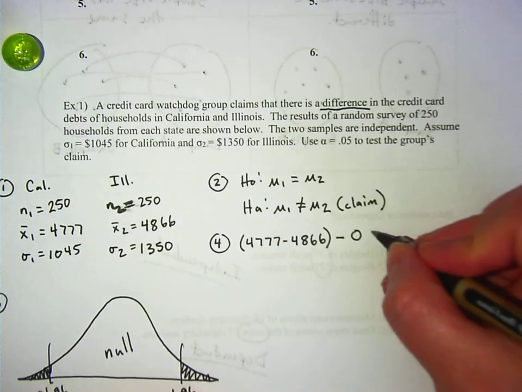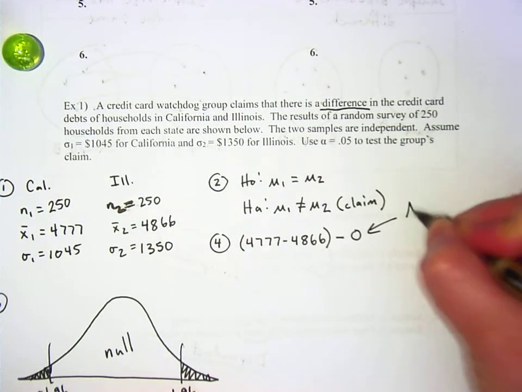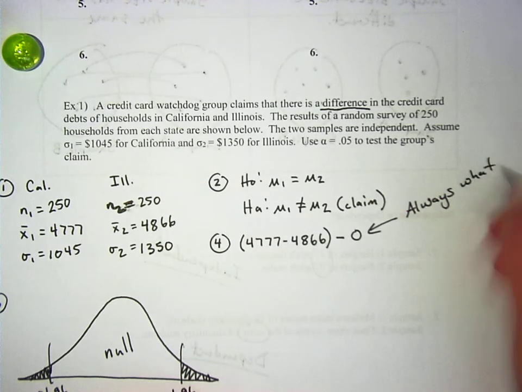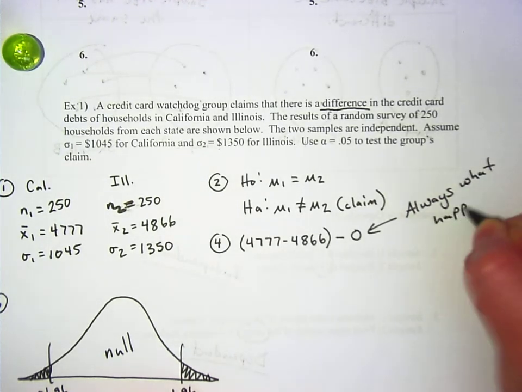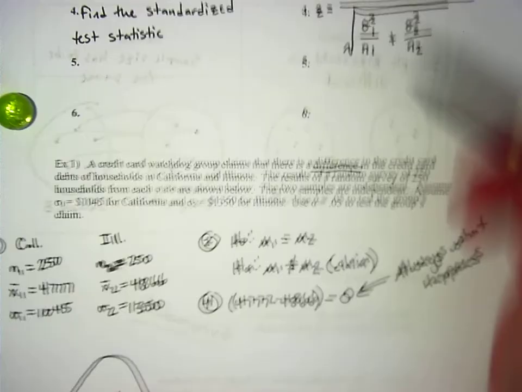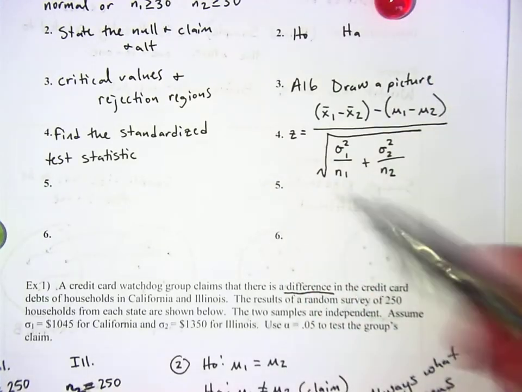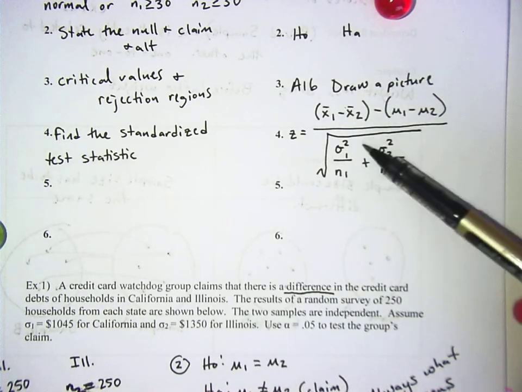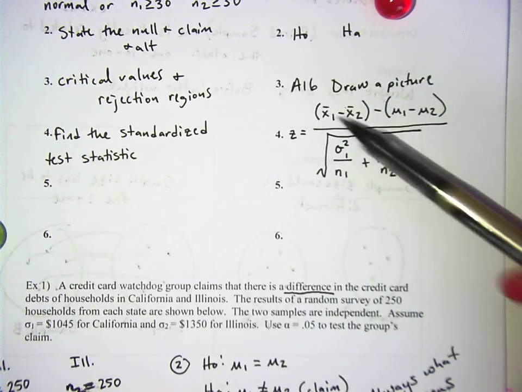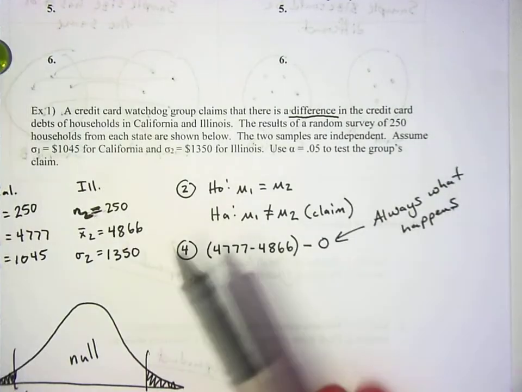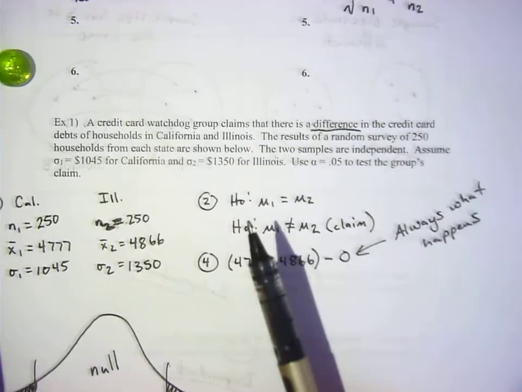And by the way, this is always what happens. Why do they even have that in the formula? Because they're trying to connect it with how all these formulas are essentially x minus mu over sigma. It's just the sigma keeps changing. The x and the mu keep changing. So they're trying to relate it all to kind of the same thing. Do you see what I mean?